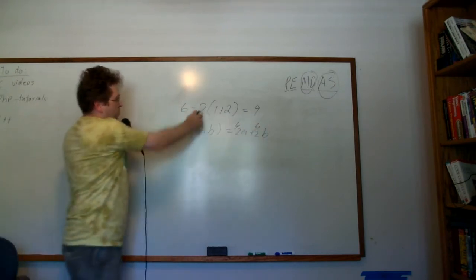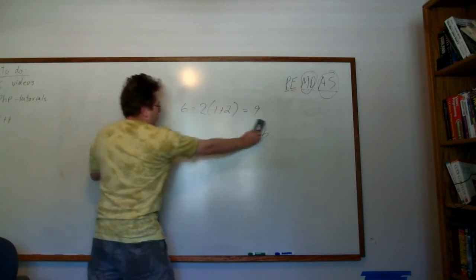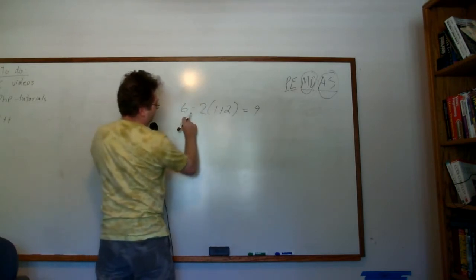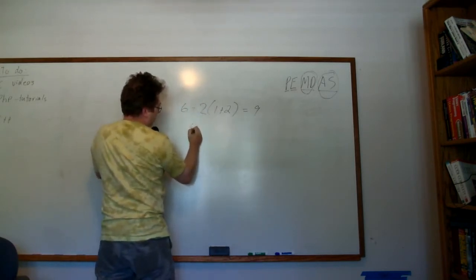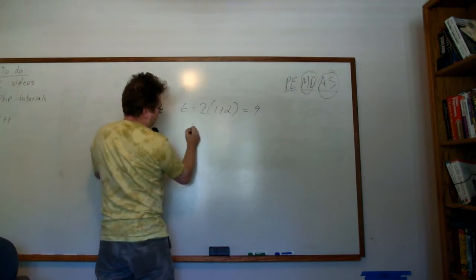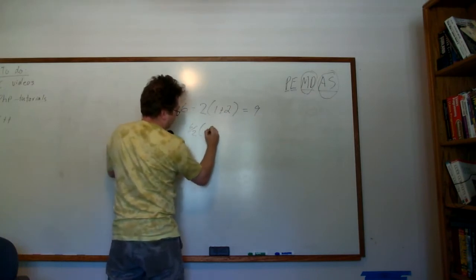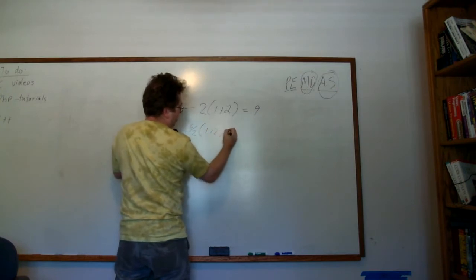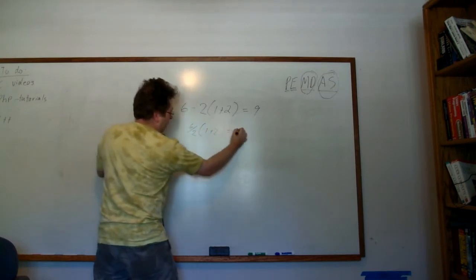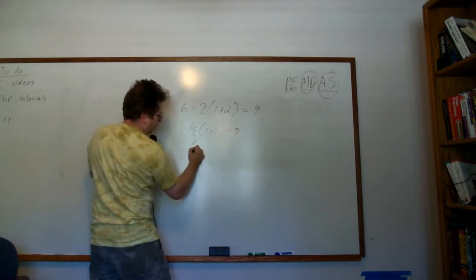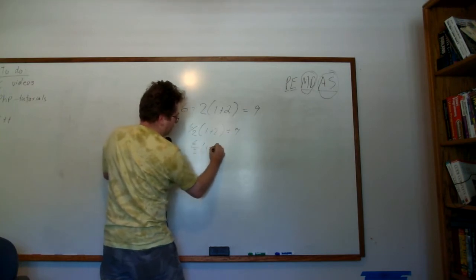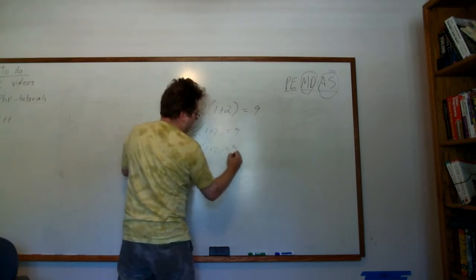Now, this problem could have been written a number of ways. The individual who wrote it chose to write 6 like this, but he could have also written it like this, equals 9. Or he could have written 6 over 2 times (1 plus 2), equals 9.